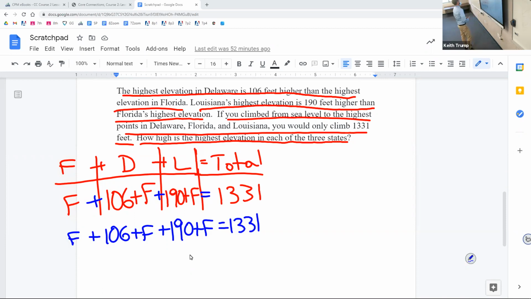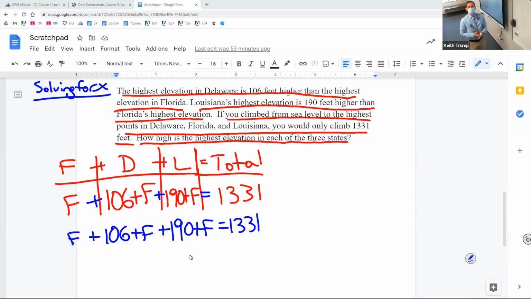Now, we learned in the last video that the first step to solving for X, actually, before I even go there, let's slow down and take a look at what we have. We have an equation here written in blue. We don't know what Florida, Delaware, or Louisiana equal, but we're going to use this information. If we can figure out Florida, maybe we can figure out the others, because the others are just Florida plus some numbers.